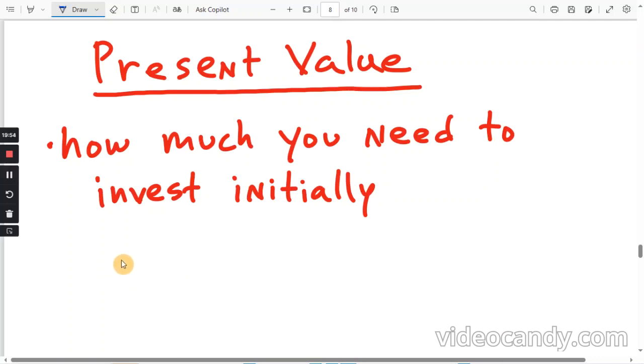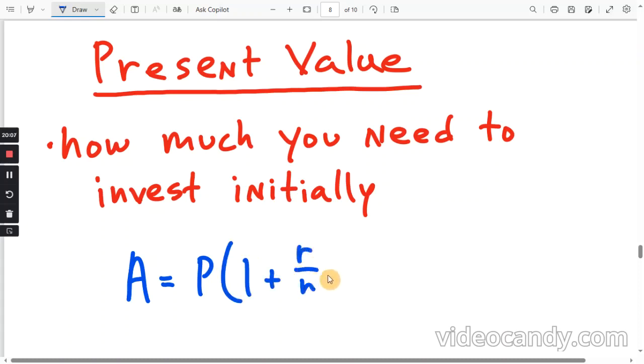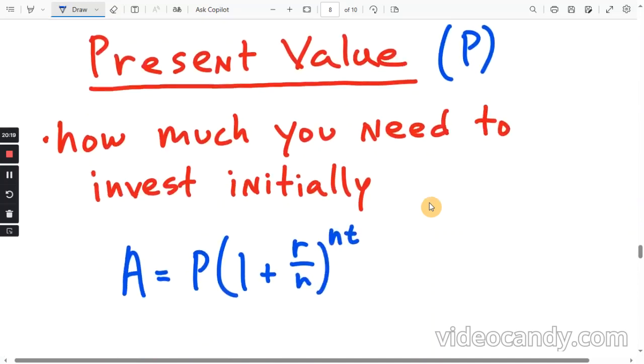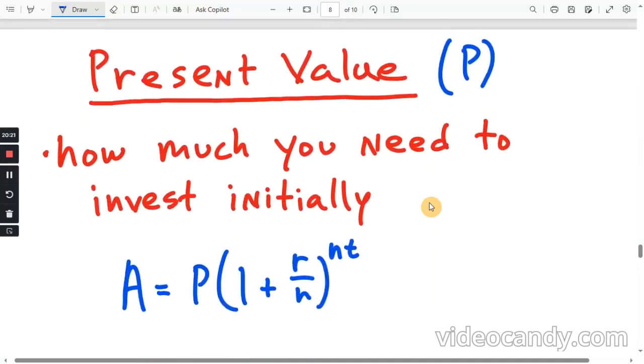Okay, so we said for compound interest, A equals P times (1 plus r over n) to the power of n times t. All right, so the present value is really just P, how much you're investing initially. So if you want to solve for P, you can.